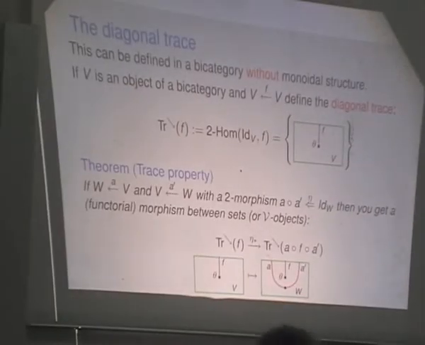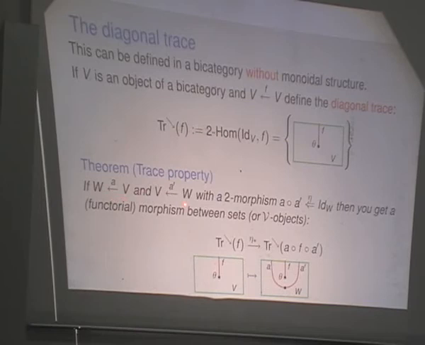Well, it's got a trace property. So suppose we have two maps, V to W and W to V. Then we want some relation between. Oh, hang on. Sorry, I was confusing myself because I was expecting the other trace property. But we don't get the same trace property, we get this other one.